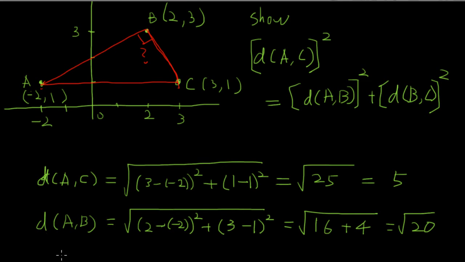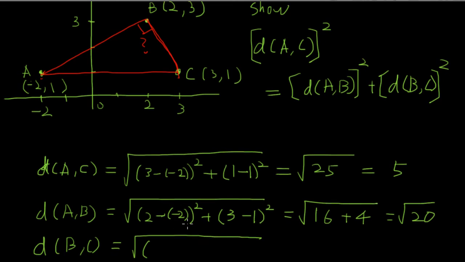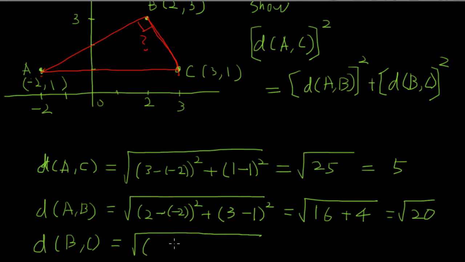Now we're going to do BC, right? The distance between B and C. So this would be the square root of x2, 3, minus x1, 2, squared plus y2 minus y1, 3 squared.